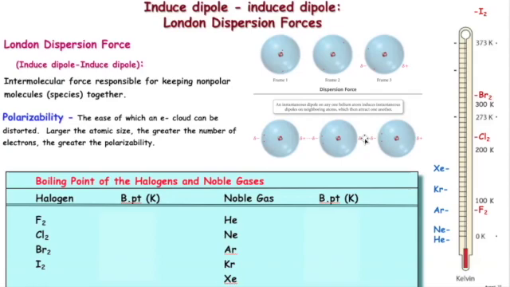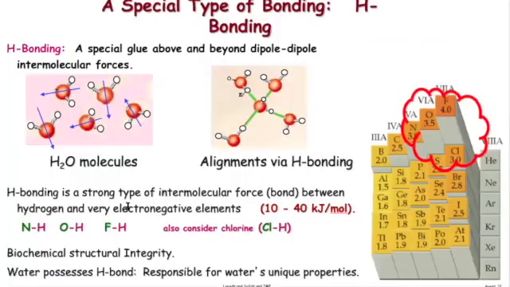Dipole, which only polar chemicals have, and hydrogen bonding. Hydrogen bonding occurs when hydrogen is bonded to those electronegative elements that I talked to you about. It occurs because hydrogen is one proton, one electron.